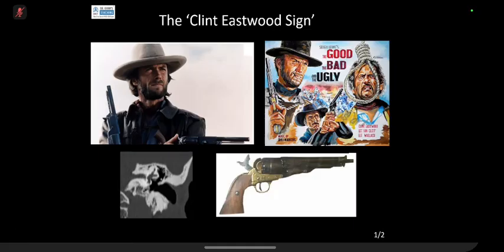This is what I call the Clint Eastwood sign, from the old classical movie The Good, the Bad and the Ugly. This is Clint Eastwood's gun. This is the barrel, and it is touching this white. This is the superior semicircular canal. This is the vestibule. So the barrel should not touch the black.